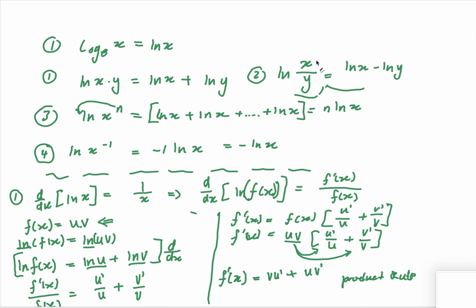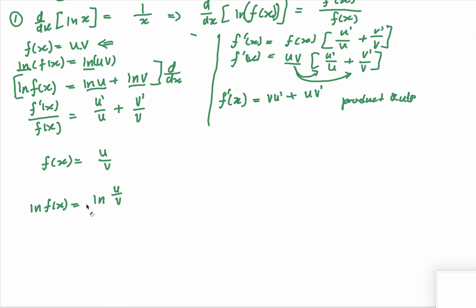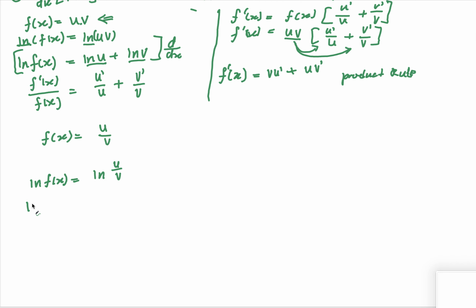We're just going to use this top part. So ln of f of x equates to ln of the top part, which is u, minus ln of the bottom part, which is v.